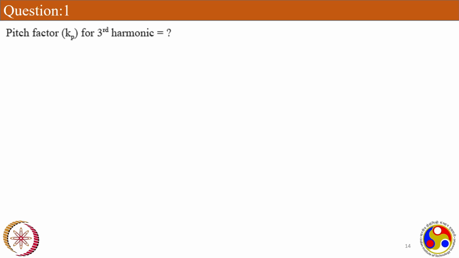Here also, they're asking, if I want to eliminate a third harmonic, what should be my pitch factor? What is the formula for pitch factor? You remember the last week discussion? It's cos epsilon by 2. Now for the third harmonic, it will be cos 3 epsilon by 2.